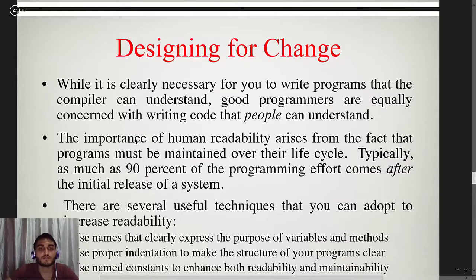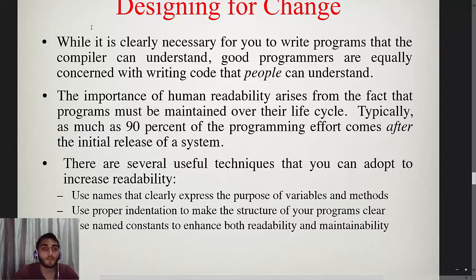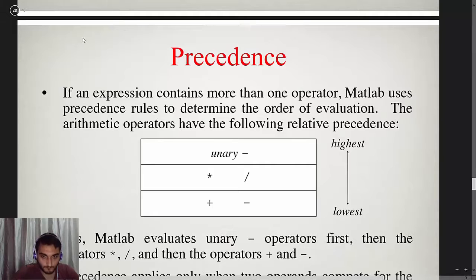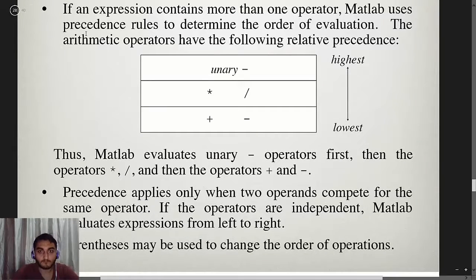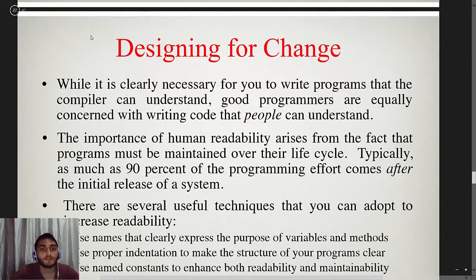Designing for change. Why is it clearly necessary for you to write programs that the compiler can understand?